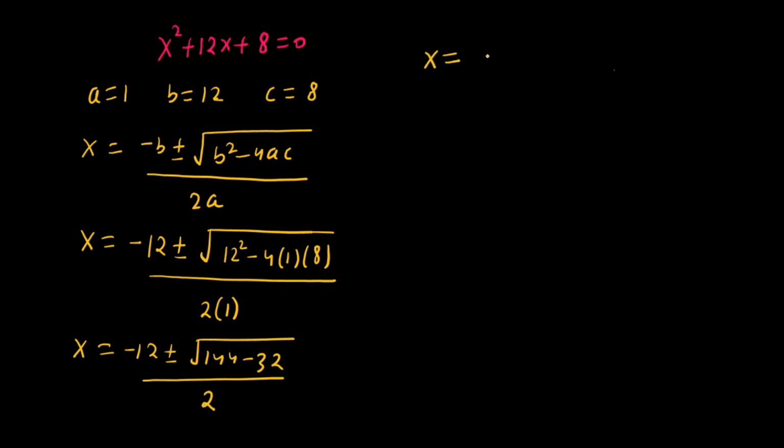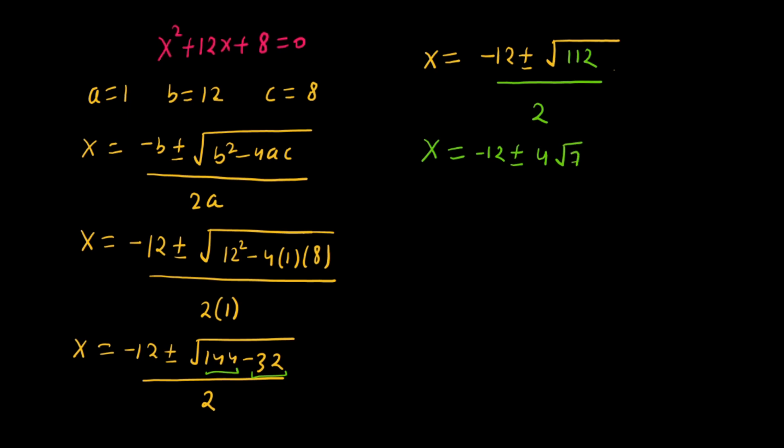x is equal to minus 12 plus or minus square root of 144 minus 32, which is 112, divided by 2. Then x is equal to minus 12 plus or minus this square root of 112, which is the same as 4 times square root of 7, divided by 2.